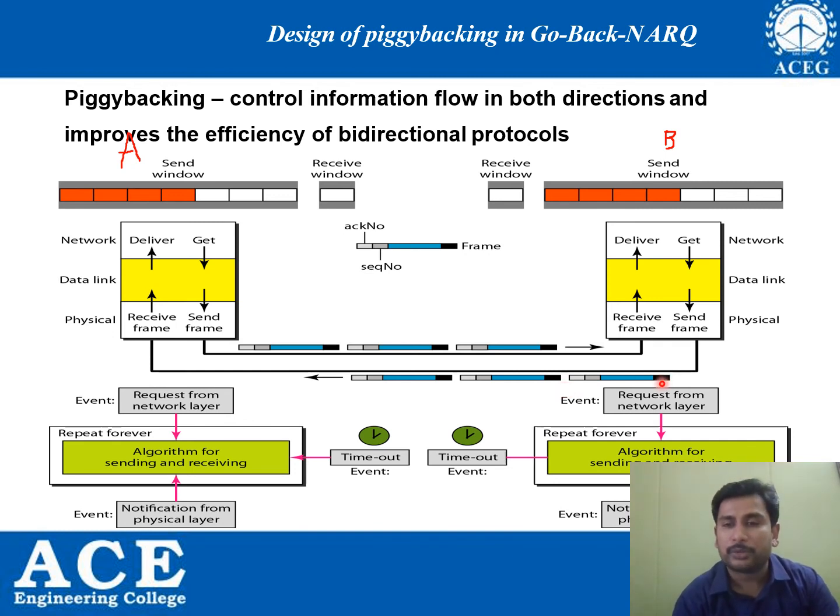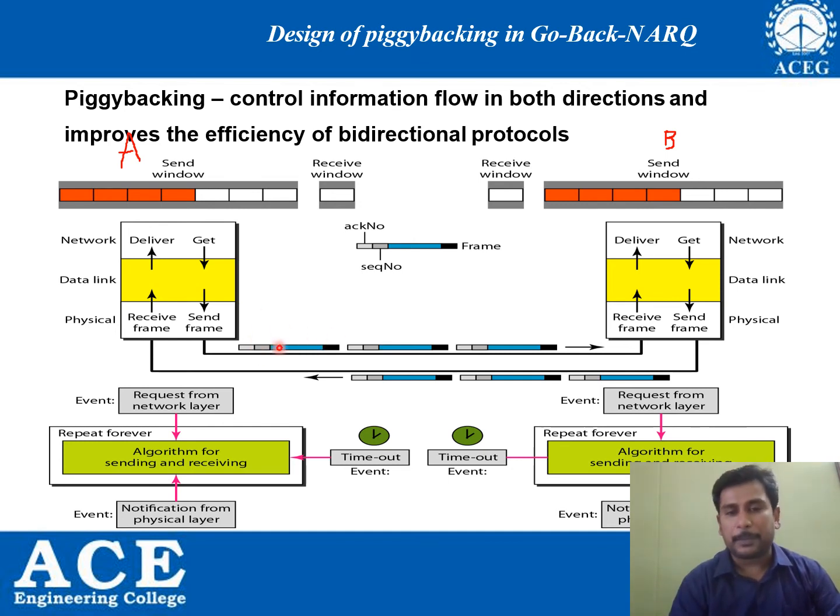So B has to send the data frame to A. At the same time, it has to send the acknowledgement for the frame which it has received from A. So in the frame which is sent by B to A, it contains data information from B, and at the same time control information, which is a positive acknowledgement or negative acknowledgement from B to A, saying that it has received the data from A. The same way, the sender A's frame will also contain both data information as well as control information, which is acknowledgement or negative acknowledgement.